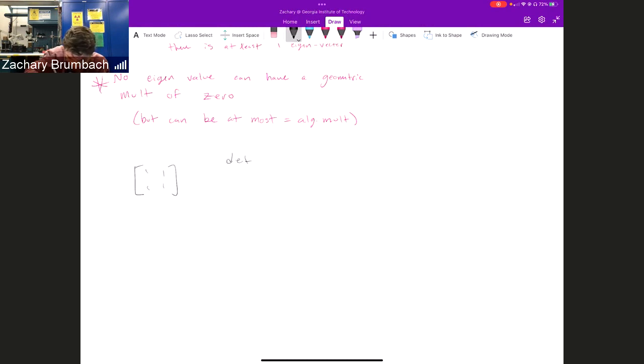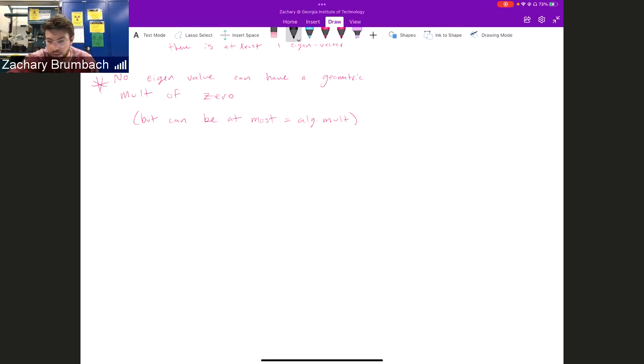Your determinant is equal to 0, and you have lambda squared minus 2 lambda. No, that's a bad example. Yeah, I believe there exists some, but I can't come up with one off the top of my head, and I don't want to spend too much time dawdling on that. So if you want to email me, we can talk about that as well, or if you want to look it up, that may be worthwhile too.